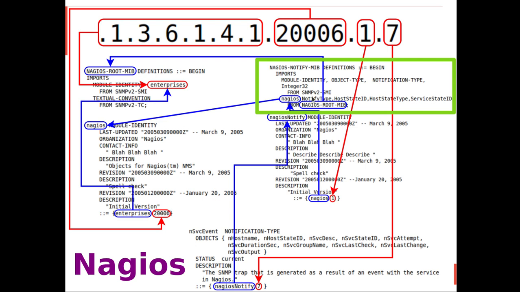And within this we get notify type, host state ID, host state type, service state ID, which are all different parts of the information available by request.